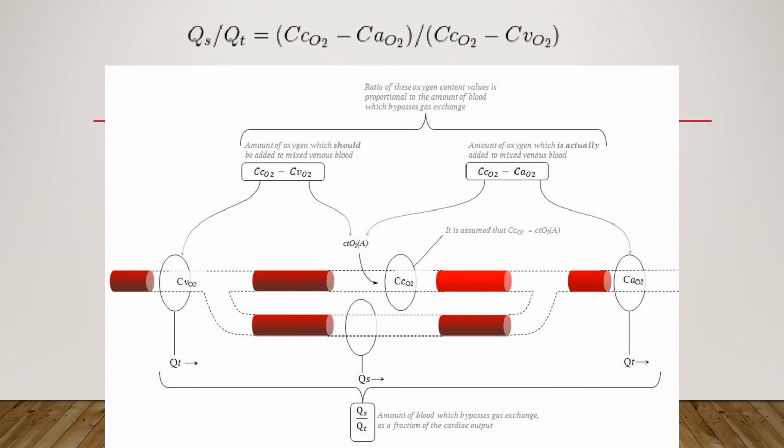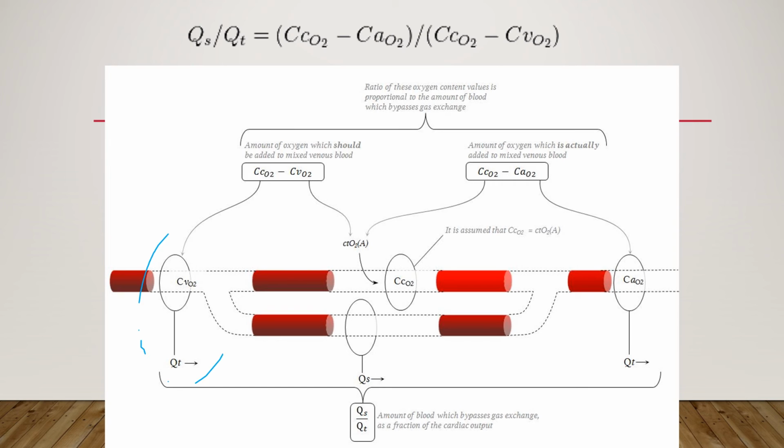So just in case everyone is as confused as I was when I first looked at this, I'll go through it one more time quickly with the aid of a picture. This picture here represents the blood flow through the lung.